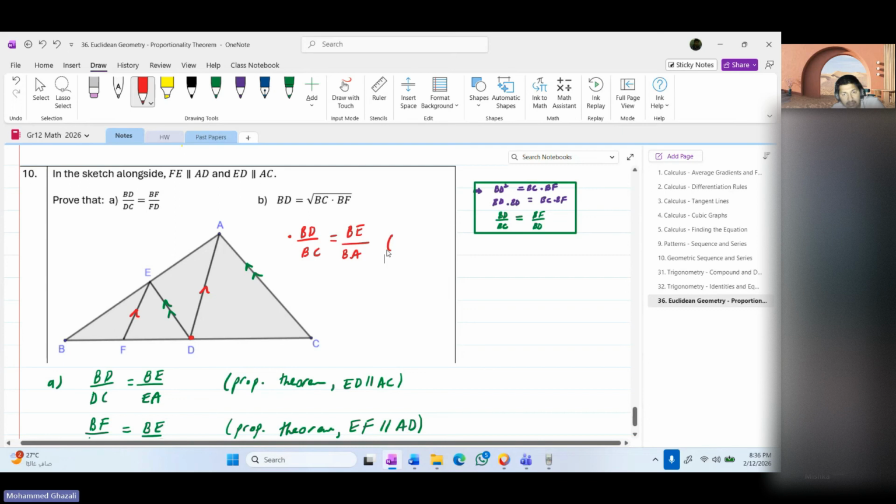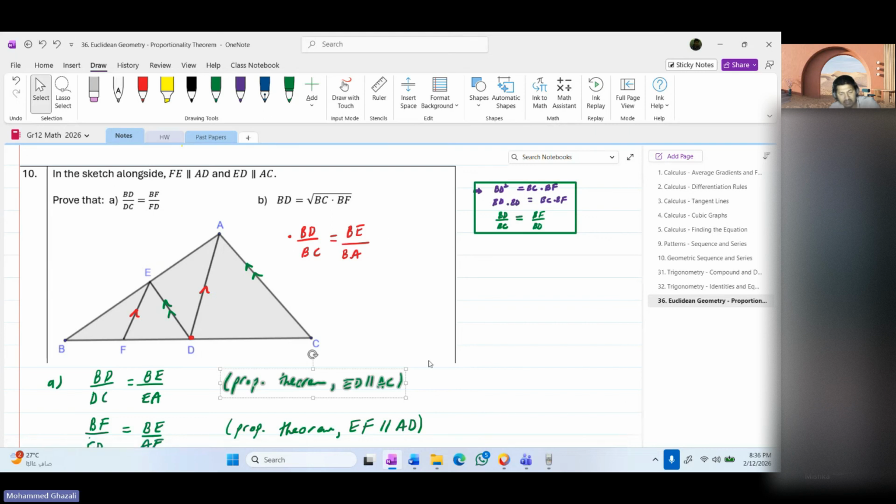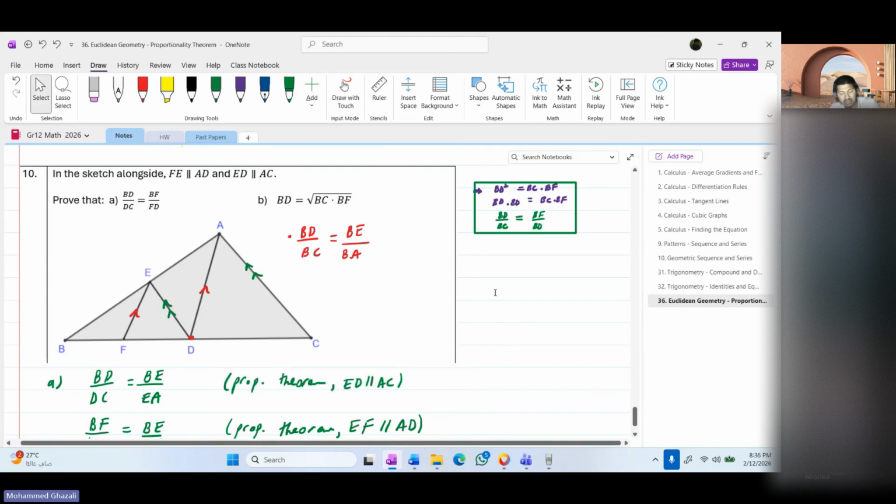What's the reason? Prop theorem. I'm just going to copy and paste from the bottom, because the green ED is parallel to that. It's the same thing, but written in a different way. Yes, that's the prop theorem.